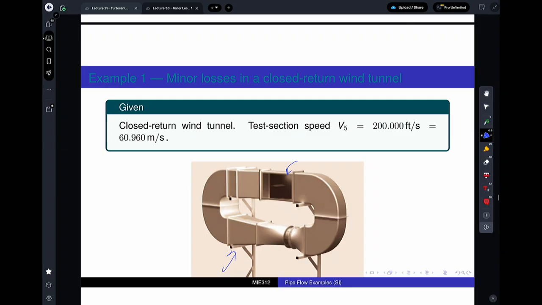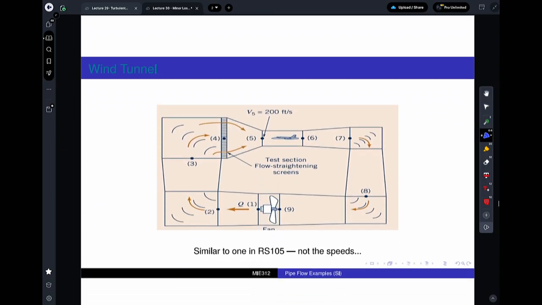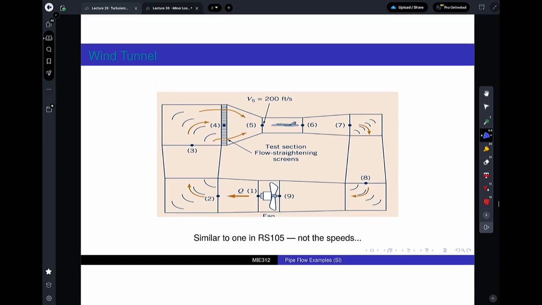Now, most research type tunnels, and there's one at the bottom, Roseburg 105, which is where I work, look more like this. If you come in the front door over here, you can see a test section, open area, there'll be pictures, and all sorts of things.